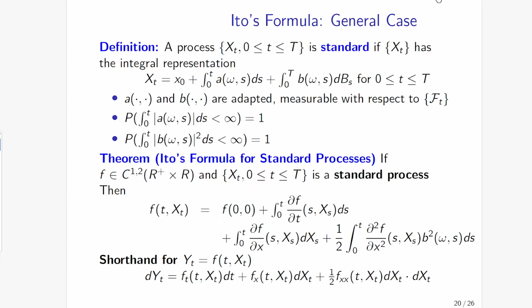All right, we're at the end of our lecture today. So next time we'll finish up these notes talking about standard processes where our a function for the drift and our b function for the volatilities have to satisfy certain properties.